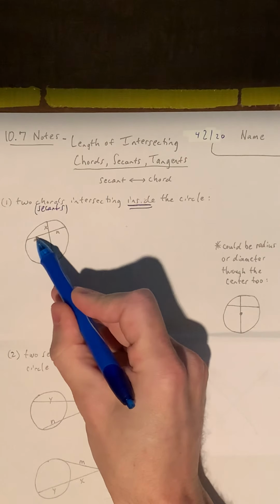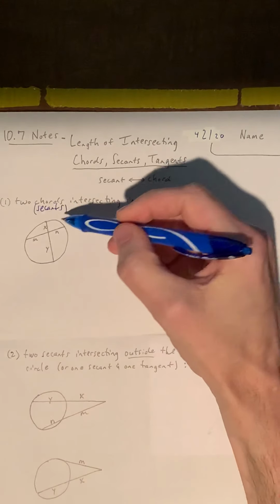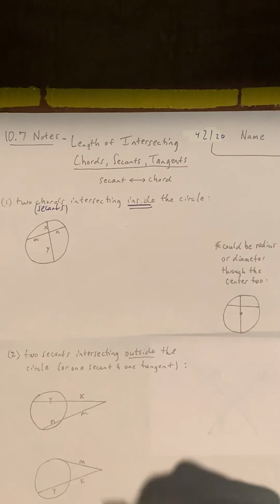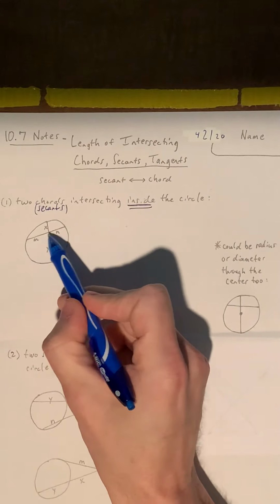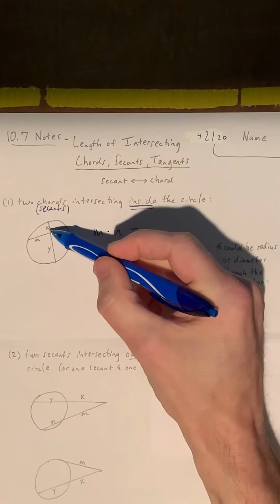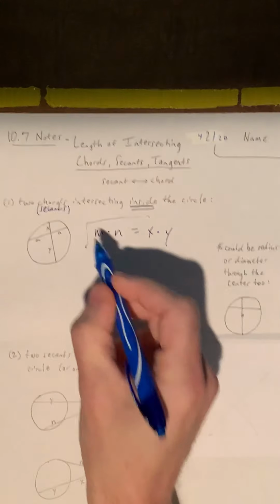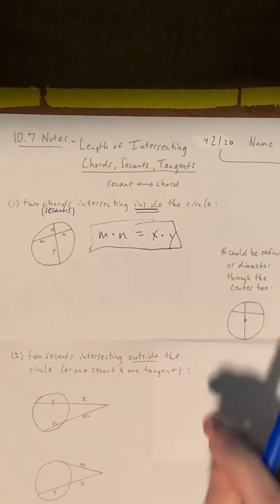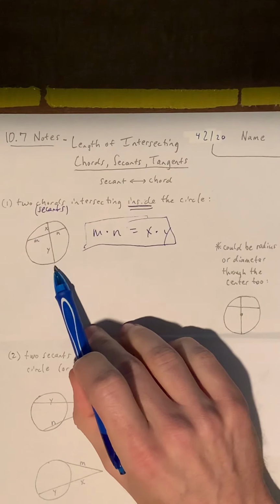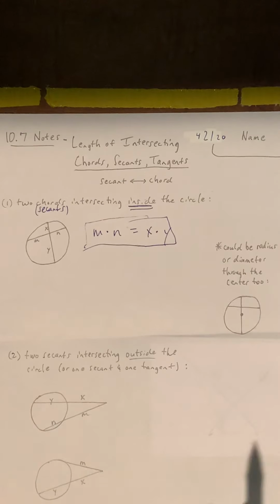The product of these two parts on this chord is equal to the product of these two parts on this chord. So M times N is equal to X times Y. That is an equation you can set up when you have a diagram similar to this, and you solve this equation to find the length of whatever you need.